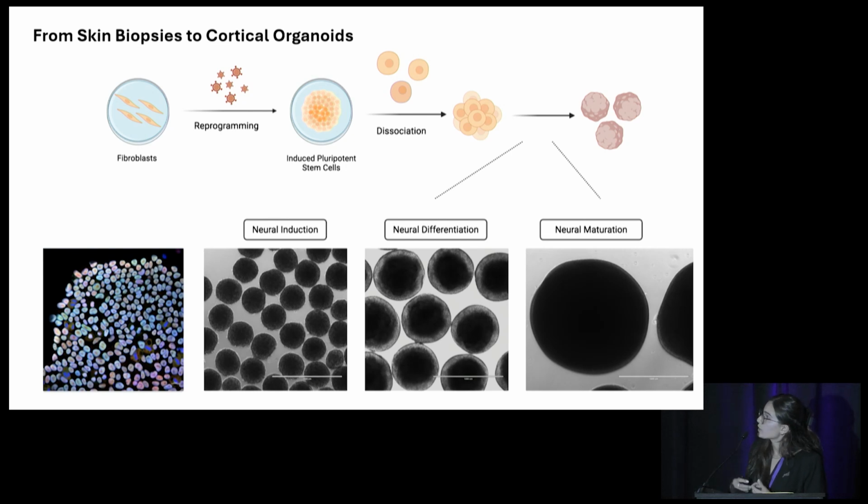And so once we have those, over here in this image, the first thing we do is that we verify the pluripotency state of these cells. So on that first image here, we have SOX2 and OCT4 positive cells. These are 2 of these key transcription factors that makes these cells stem, right?